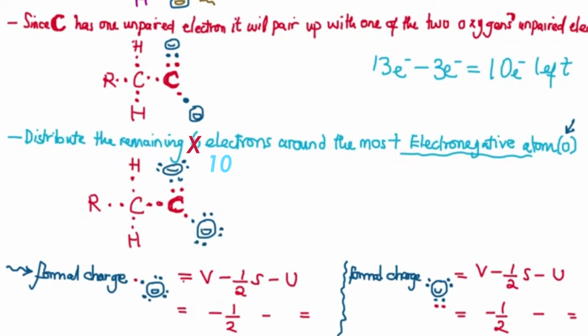Once you're able to accomplish that, you notice that all the atoms have a stable octet. They satisfy the octet rule by having 8 electrons around them, except hydrogen. We keep track of the remaining electrons: we have 10 electrons, subtract the 10 electrons, and we have 0 electrons left.